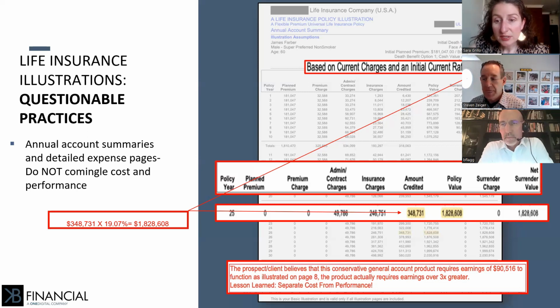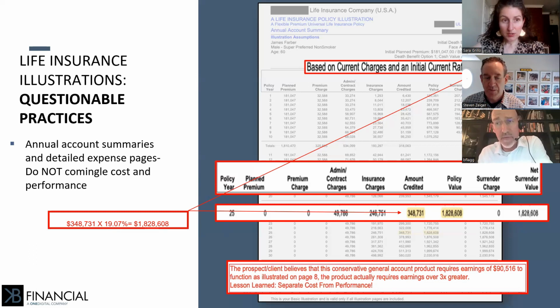But this insurance company's crediting $1.828 million, a 19.07% rate of return, when at the top of the illustration it said everyone thinks 4.95%. Steve, let me take issue with one word. You said the insurance company is crediting. The insurance company has to credit.